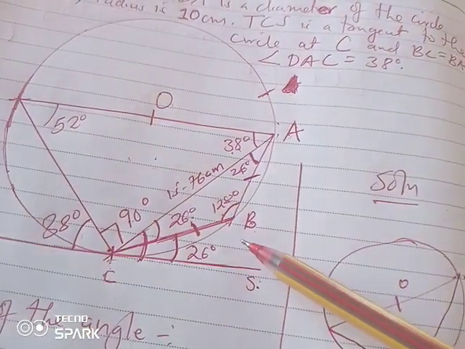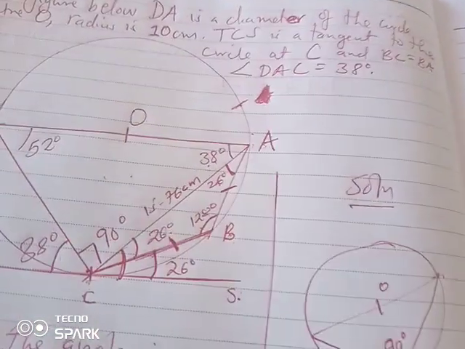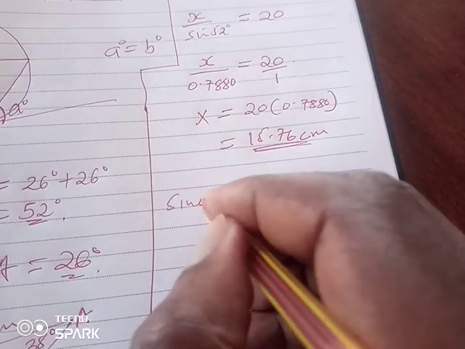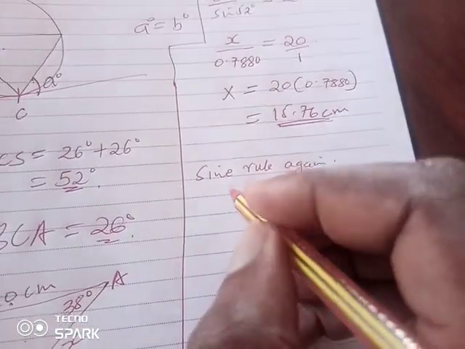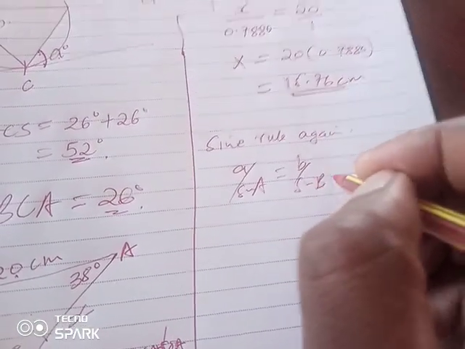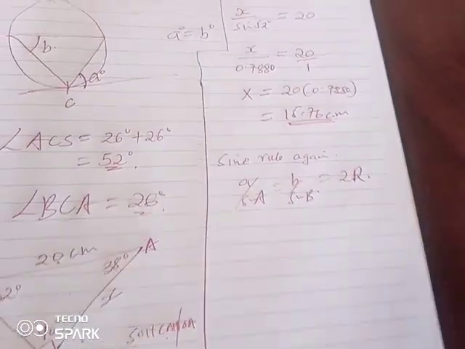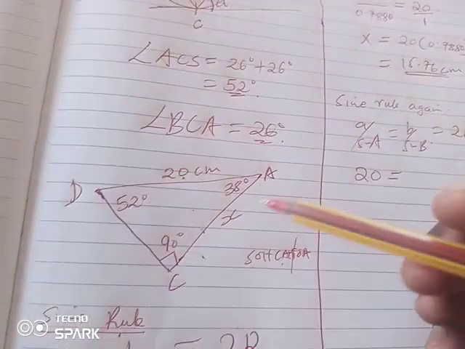Still, I'll be able to use the sine rule, where A over sine A is equal to B over sine B, which we have said is equal to 2R. So 2R is 20.